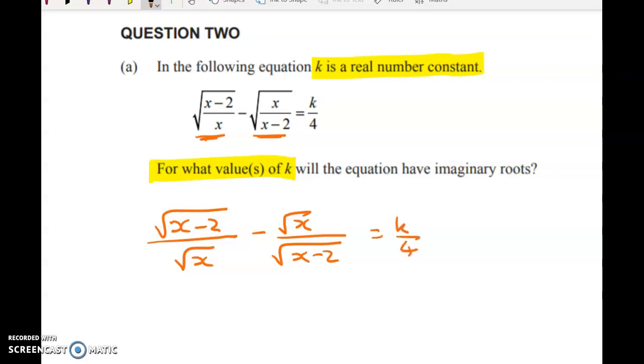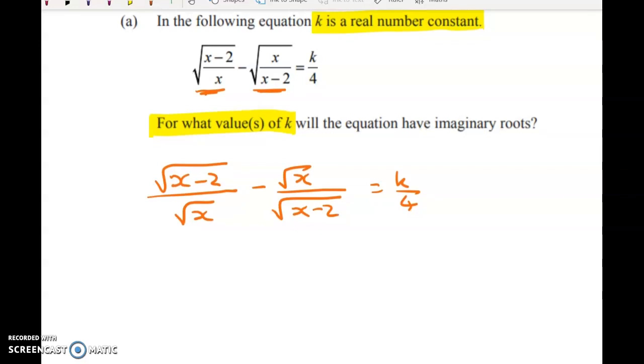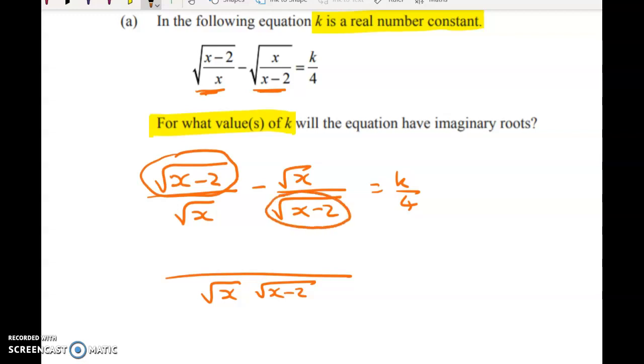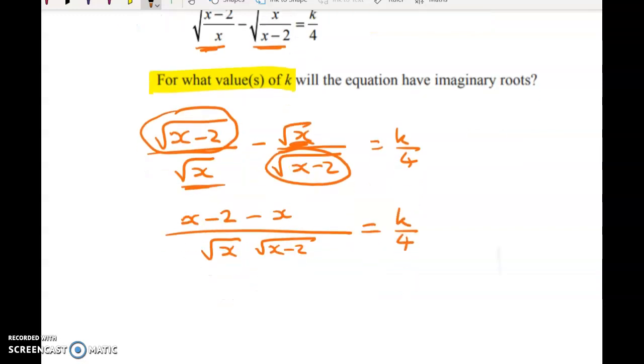As usual, when we've got fractions and we're subtracting, we're going to find a common denominator. So let's do that now. The common denominator will be root x times root x minus 2, and some very nice things happen when we start to multiply in the other term. We get x minus 2 minus x, for this times this, equals k over 4.